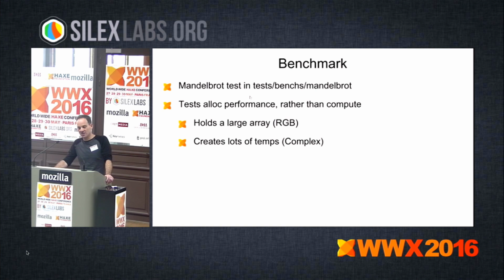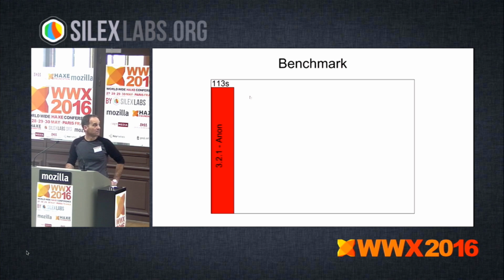It creates a bunch of complex objects with just 2 fields, i and j, plus a bunch of RGB objects, and it holds a large array of these, which is a bit of a problem for Hxcpp because the collect time is proportional to the amount of retained data, and this is retaining quite a lot of data. So it's quite a good, or hard, test for the back end.